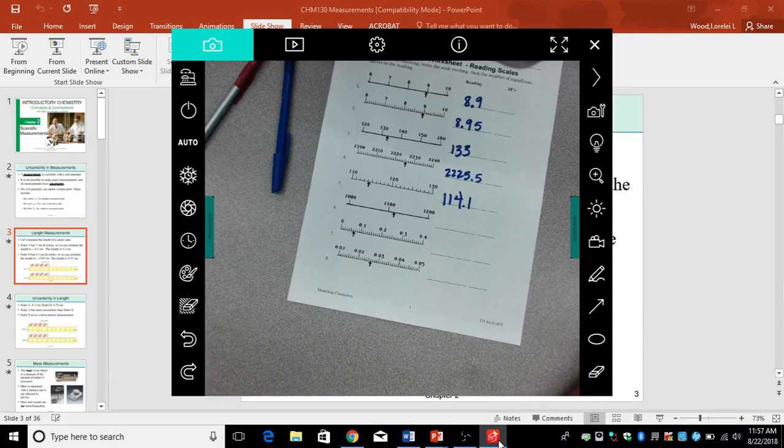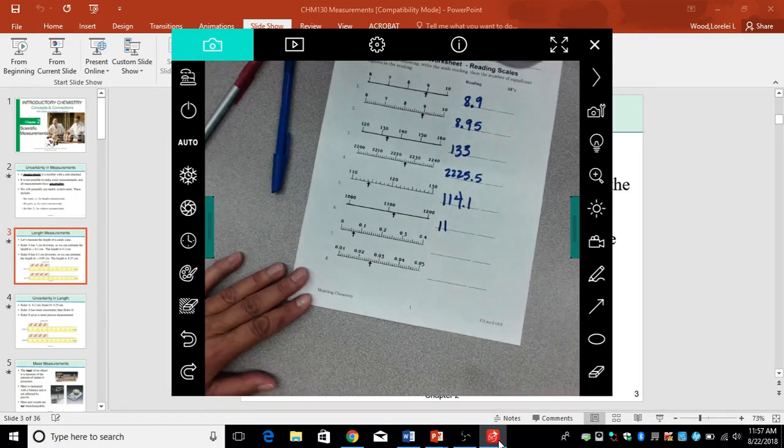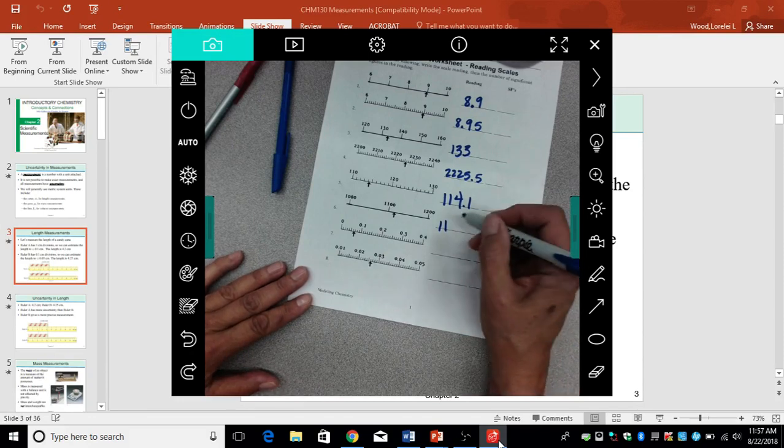All right, the next one, between 1100 and 1200, and there's not any derivations in between. So I think we only can agree that it's at least 1100, right? So now our digit of uncertainty is much different. What could we say after the 1100? You could say 1110. You could. What else could you say? You could say, I like 1120.